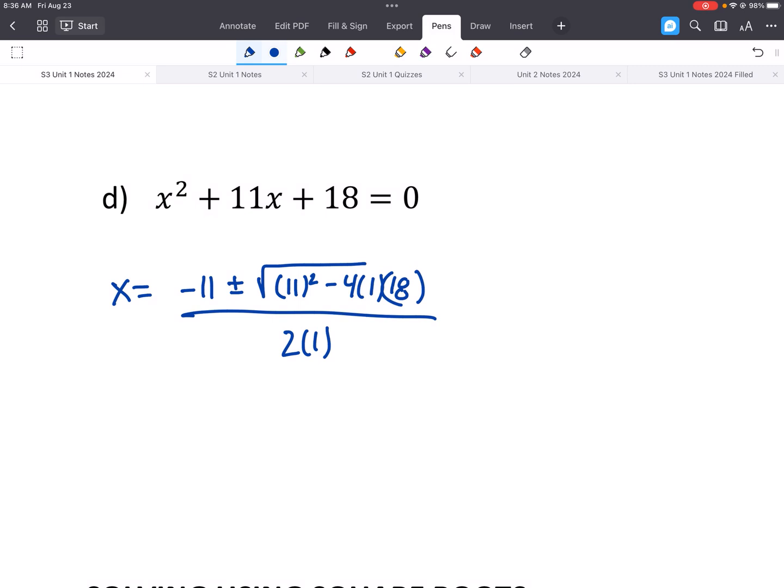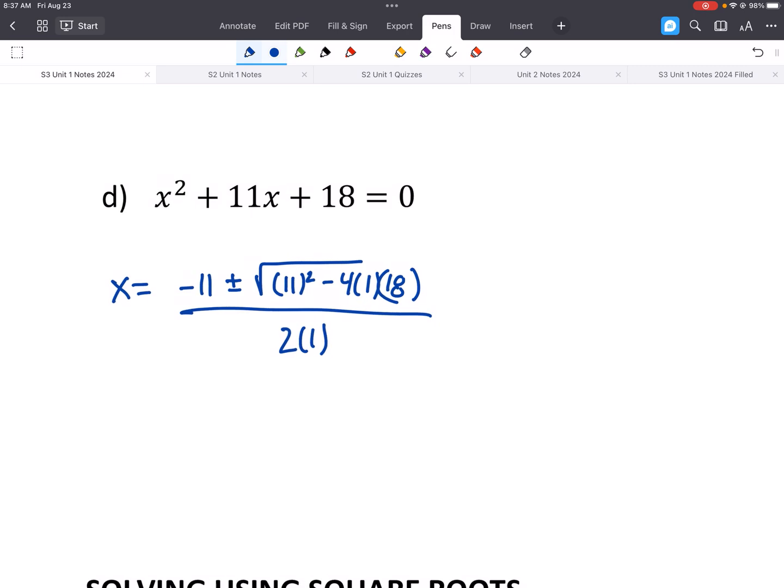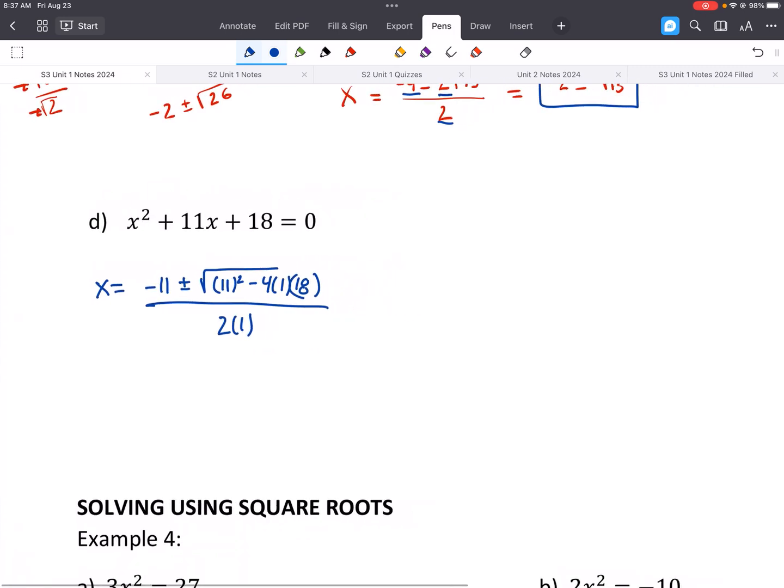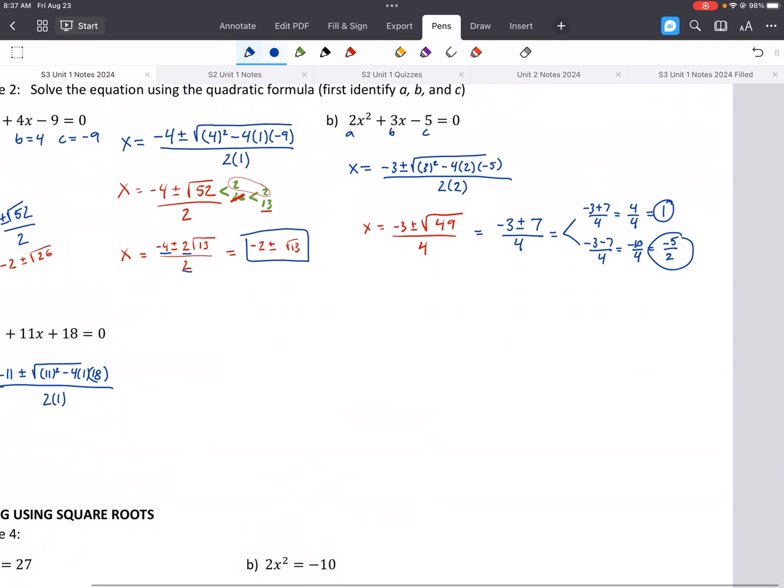We haven't done this in class, but I just wanted to do it anyways. Actually, we're going to just skip this one. I think this one is very similar to what we already did. Yeah, I think this one's factorable as well. So it's very similar to B.